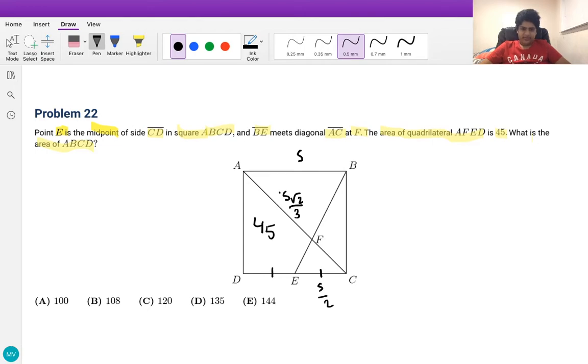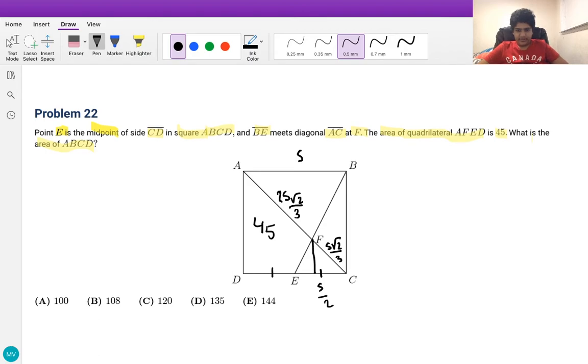And since the total length is S root 2, this length is just going to be S root 2 over 3. Now here, we can draw a triangle here. It's similar to the large triangle.